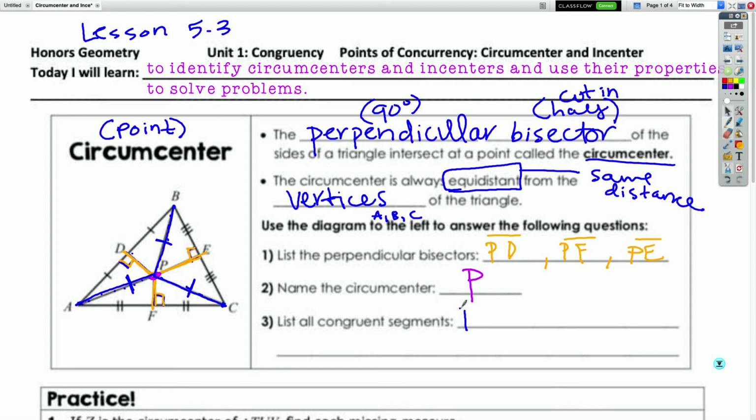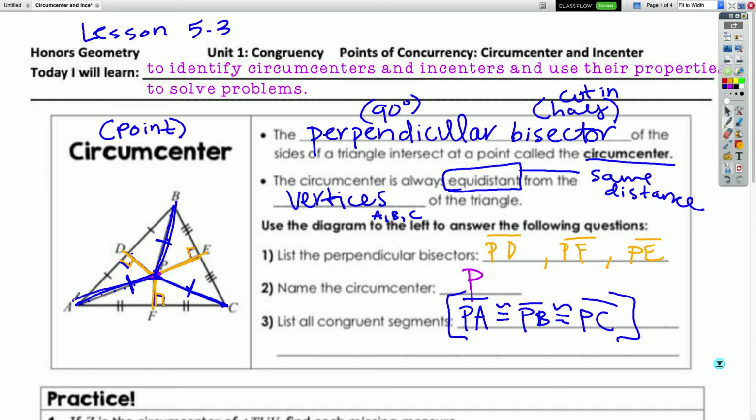So again, I'm going to start at P. So P to A is going to be congruent to P to B, is going to be congruent to P to C. So that comes from our rule that they are equidistant from the vertices.